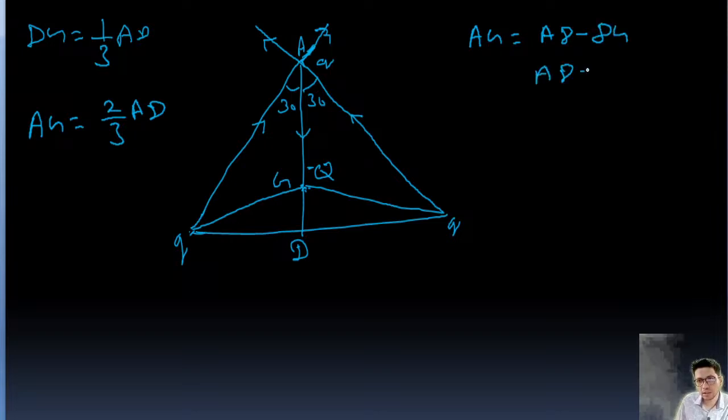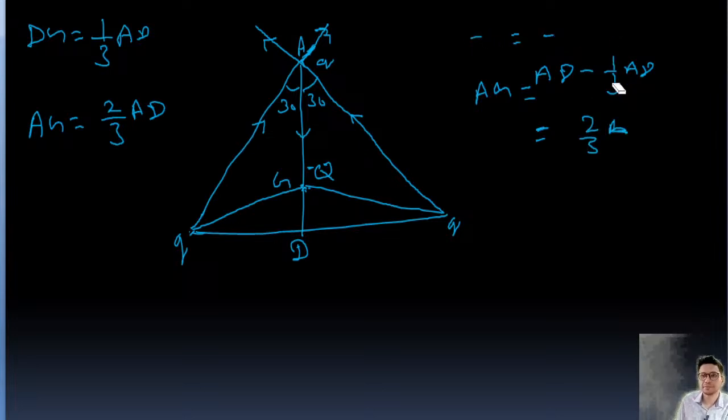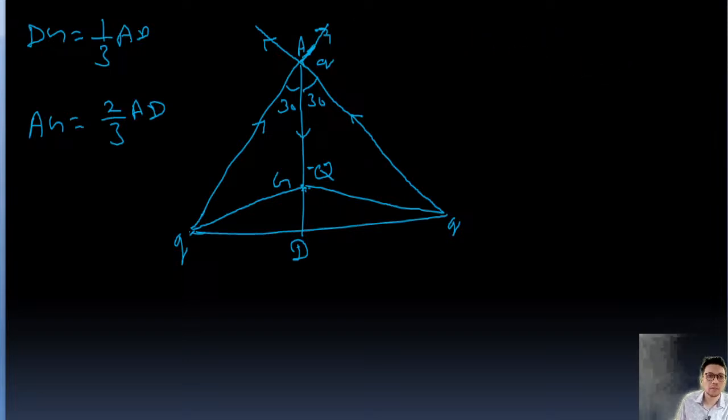DG value is 1/3 AD, so AG is going to be equal to 2/3 AD. Very simple, right? This is the value of AG, guys.